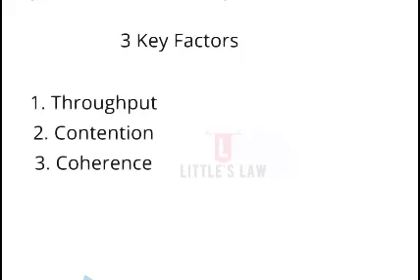And next, the last one comes the coherence. Coherence refers to the level of communication and synchronization required between different components in a system. In this POS system example, as we add more cashiers, there might be an increased need for coordination.